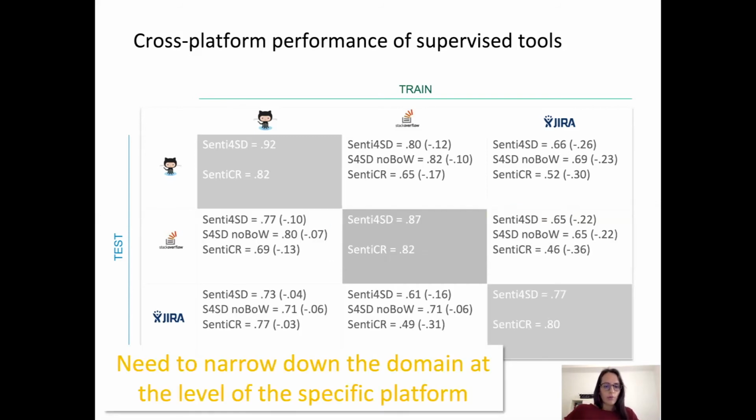So this drop in performance is observed for all settings, thus reinforcing the intuition which inspired the study, that the concept of domain, which is now identified with the software engineering domain, should probably be narrowed down to the specific platform because of the peculiar use of language and communication devices in every specific platform, also with respect to the purpose of the platform.